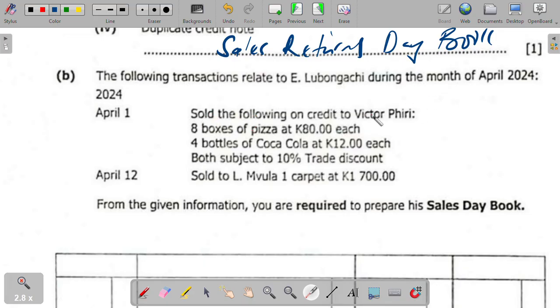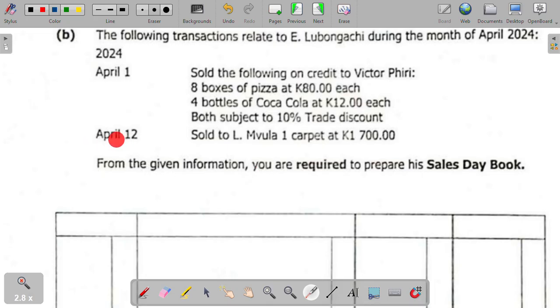Or rather, Victor Piri is a buyer because these goods were sold to him. 8 boxes of pizza at 80 kwacha each, 40 bottles of Coca-Cola at 12 kwacha each, both subject to 10% trade discount. And on 12th April, sold to El Mvula 1 carpet at 1,700 kwacha.